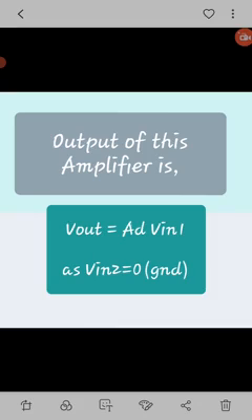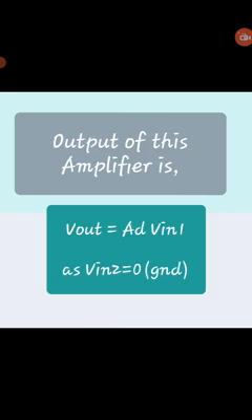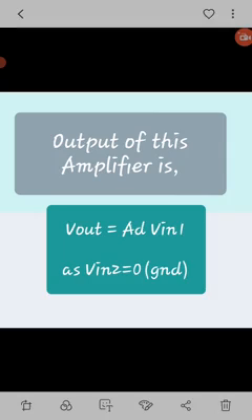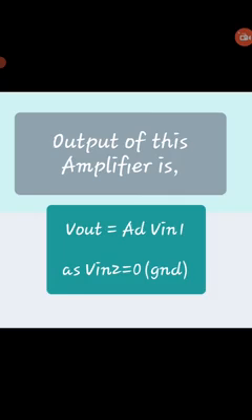In that equation, Vout is the output voltage, AD is the gain of the differential amplifier and it is RC upon 2RE. RC is the collector resistor, 2RE is the resistor connected to both transistors' emitter terminals, Vin1 is the inverting input and Vin2 is the non-inverting input. This is the first type, the single input unbalanced output differential amplifier.